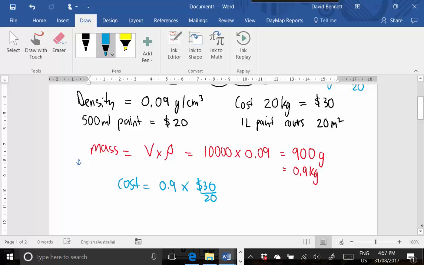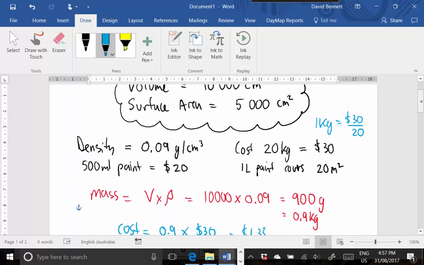So that's saying the cost of the concrete per piece is going to be $1.35. Now keep in mind a chessboard has 16 pieces on each particular black and white. So if you wanted to work out the total cost, you could times that by 32 and that will give you a rough cost of your concrete. Alright, so that's the next thing there.